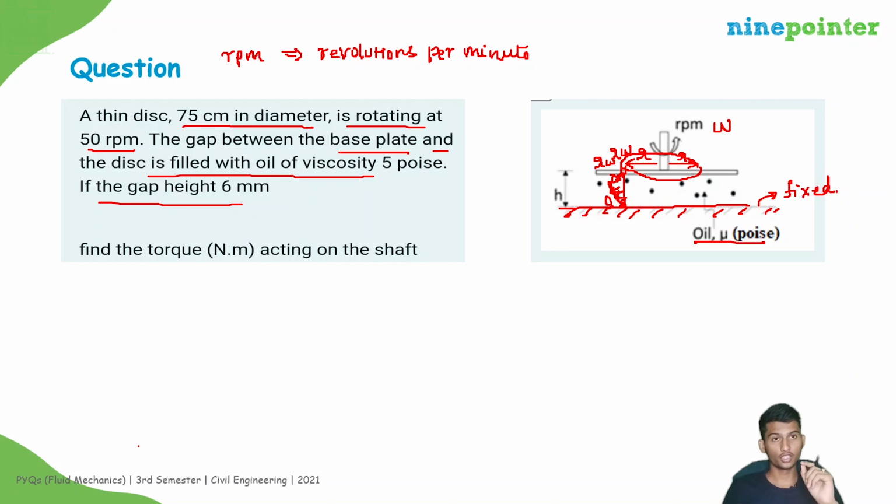Because of that shear force, these particles will try to resist, because of their viscosity. See, the fluid will not resist shear stress under static equilibrium, but it can resist under dynamic equilibrium. Means while moving it can resist the shear stress, but while at rest, it can't resist the shear stress. Okay, so because of that viscosity, they will create shear stress. Because of that, torque will be generated.